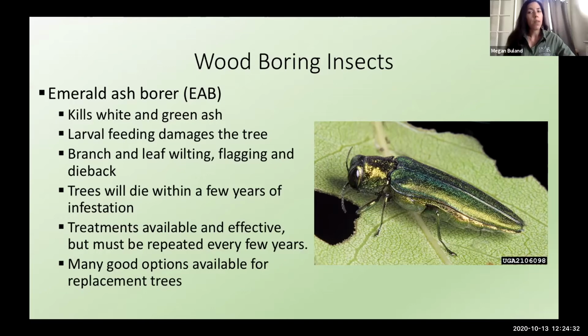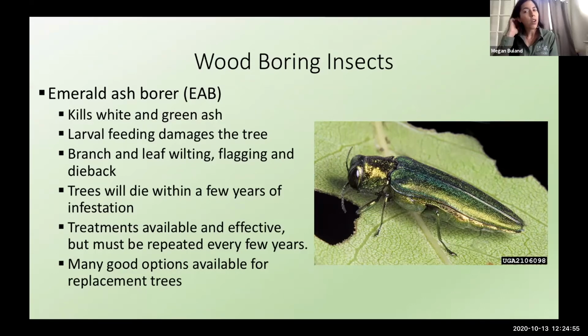There are treatments available for EAB, and they are really effective for your landscape trees, but like other things that we've talked about, they have to be repeated every few years to remain effective. But if you have a really large ash tree in your landscape that you're really attached to, it's a beautiful tree, it provides a lot of shade for your property, there are effective treatments out there that can work.